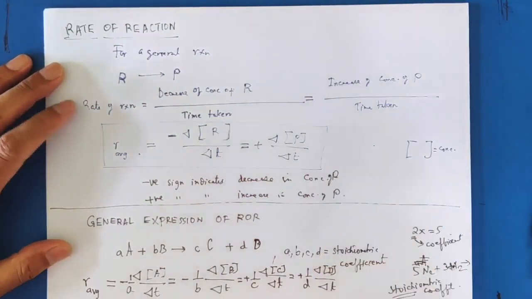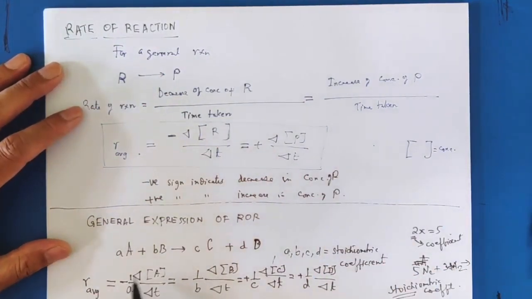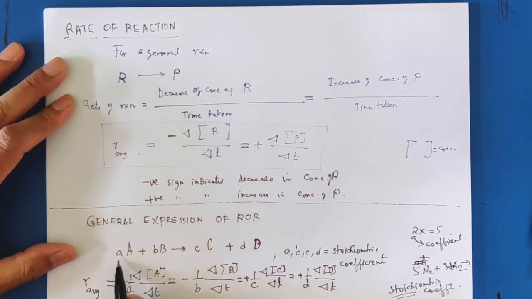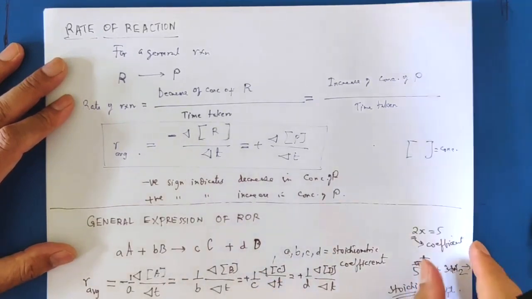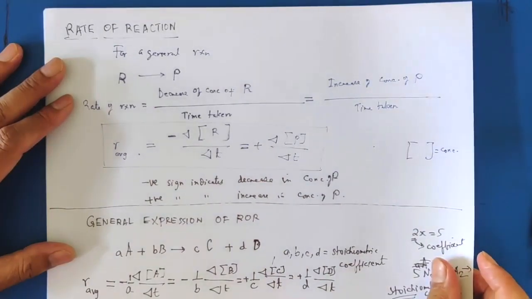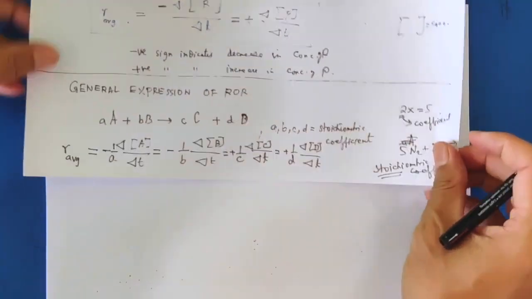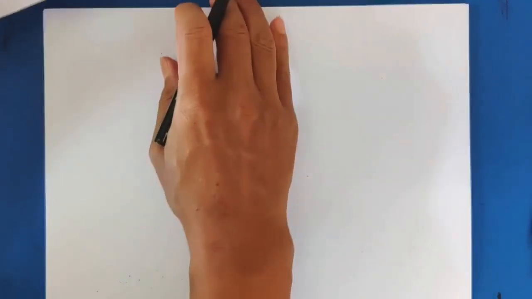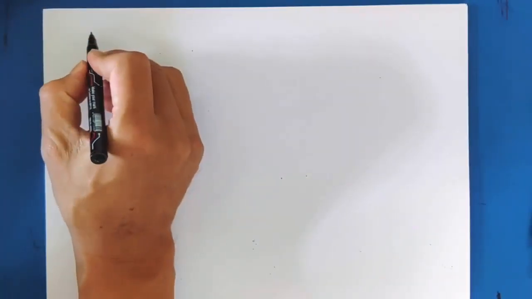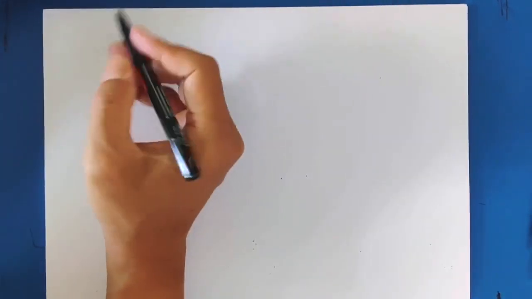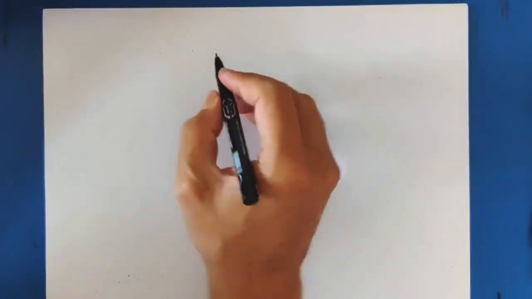Then the formal definition of rate of reactions: with the stoichiometric coefficient 1 by, reactants are minus and products plus. Again, we have the average rate of reactions, and then the instantaneous rate of reactions.